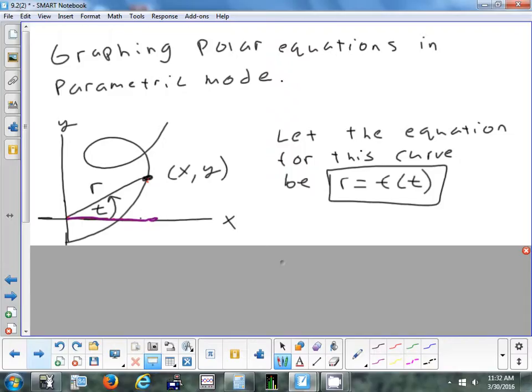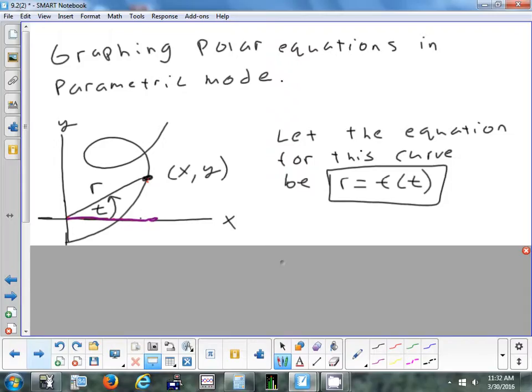Basically, all we have to do is create a triangle. It's just that the hypotenuse is not fixed. The hypotenuse is constantly changing, depending on where you put your point. If this was a circle, the hypotenuse would always be the same. I could just give you a number for it. In this case, I can't give you a number for the radius or the hypotenuse, but I can give you a function for it.